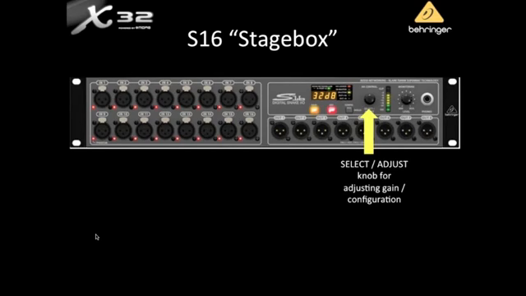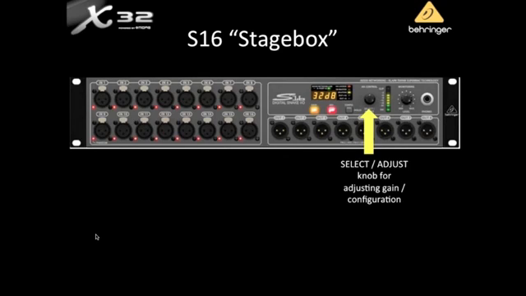In the top section, you just have 2 knobs to really deal with here. This one selector knob is your main interface to anything you control on the S16. It's for adjusting gain. You can adjust your mic preamps directly from the Stagebox just by using that selector knob.